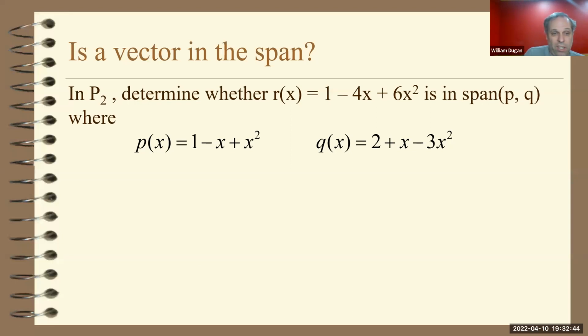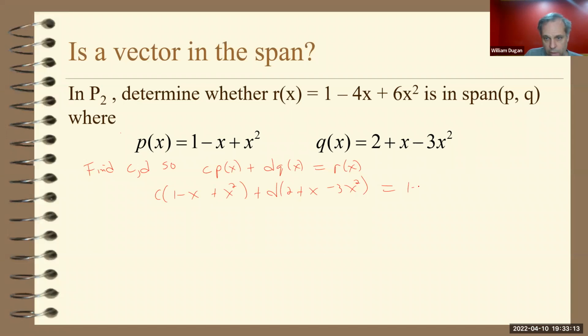So let's see, can we find 2 scalars, C times P of x plus D times Q of x, that will equal R of x? Well, literally just write everything down. So you get C times 1 minus x plus x squared plus D times 2 plus x minus 3x squared.